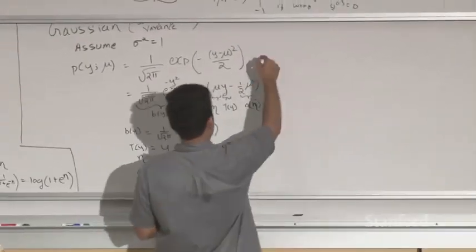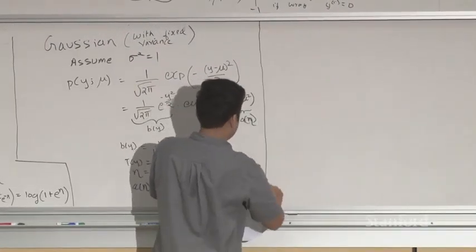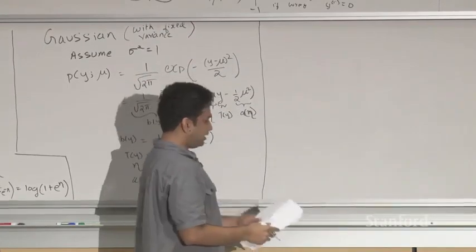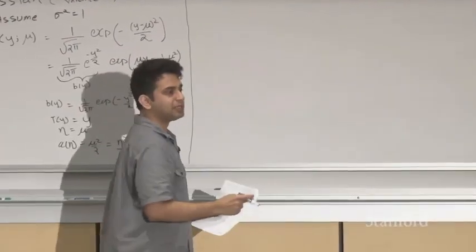Right. So these are exponential families. The reason why we use exponential families is because they have some nice mathematical properties.